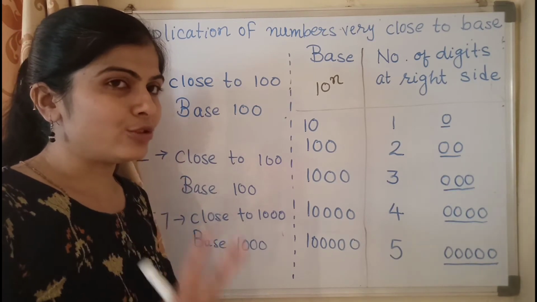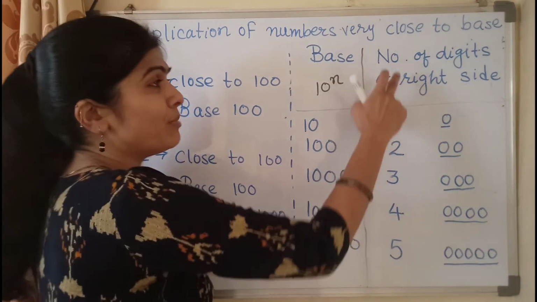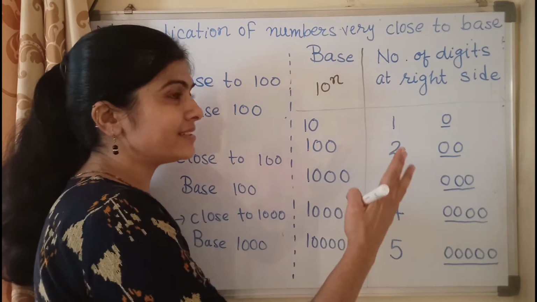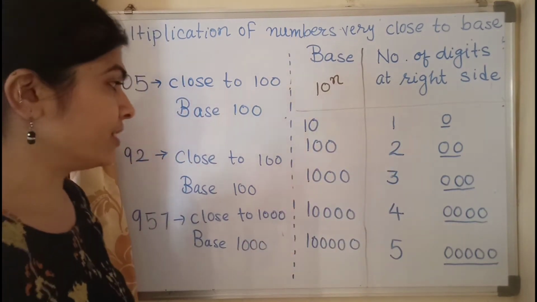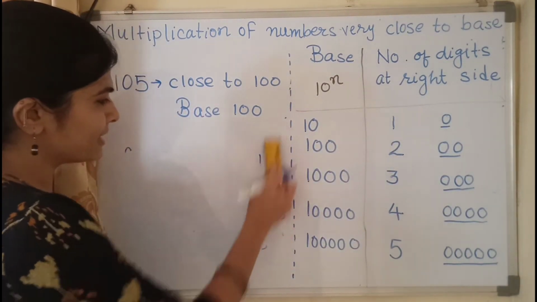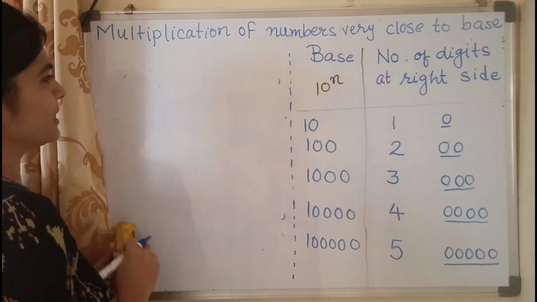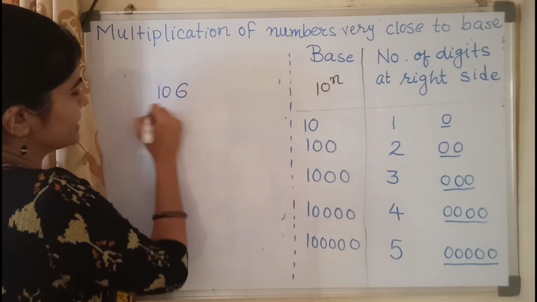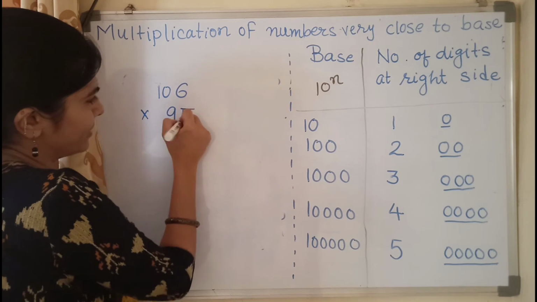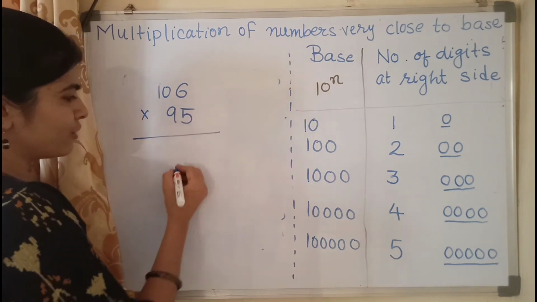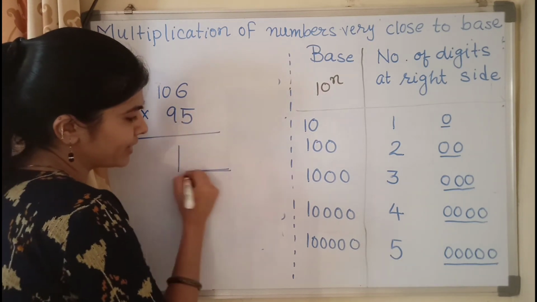Now the second rule that you should keep in mind is how many digits should be there on the right hand side. Right hand side means, if I multiply any two numbers, let's say 106 times 95, first we will write some number over here.